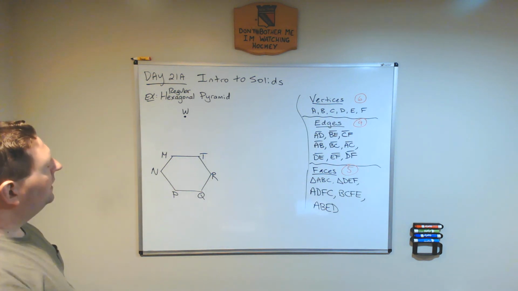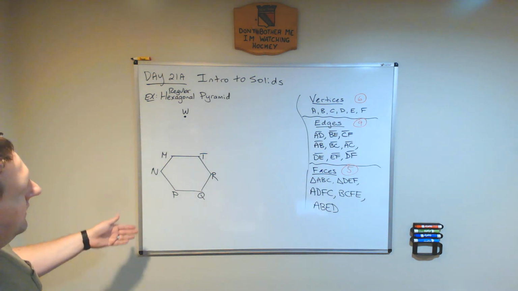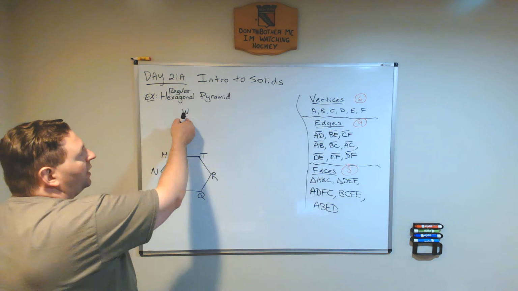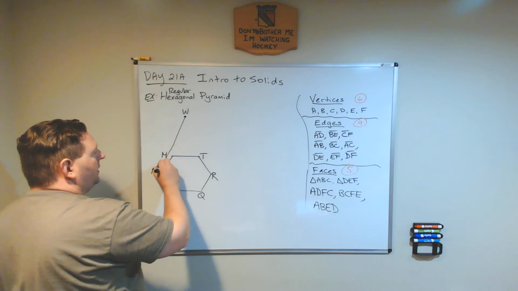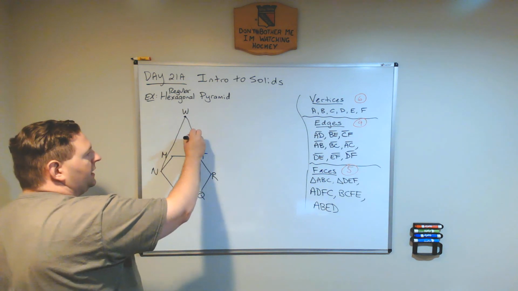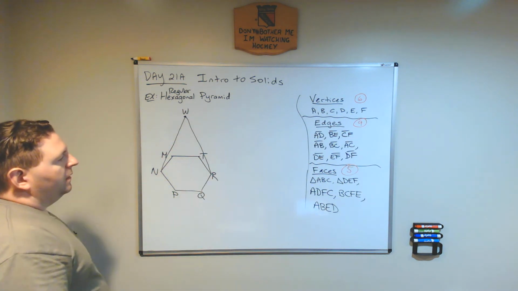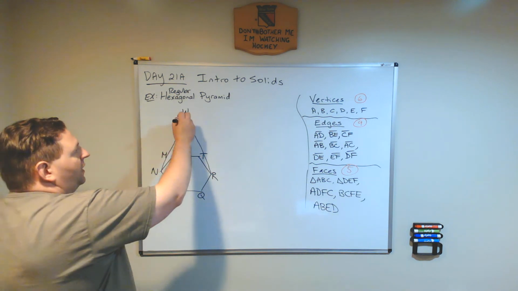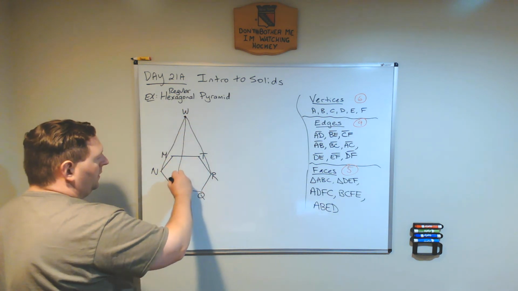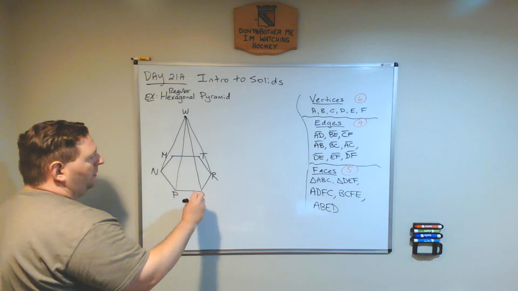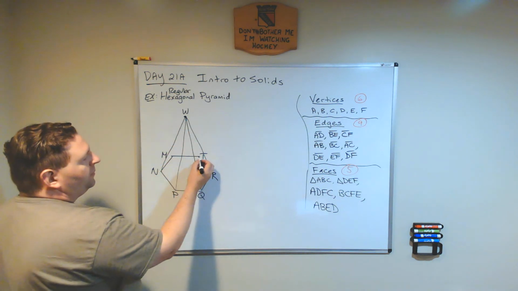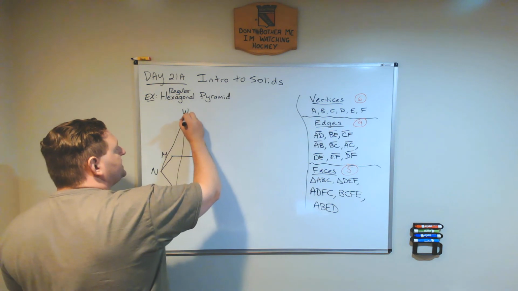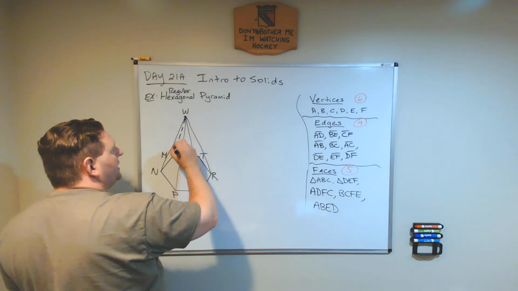Now you're going to start connecting down from W to each vertex. I'm going to start out here at the furthest ones to the side. Come from W down to P, W down to Q, and then from W to M and W to T. But now I'm going to start putting these in as dashed because you can't really see these.